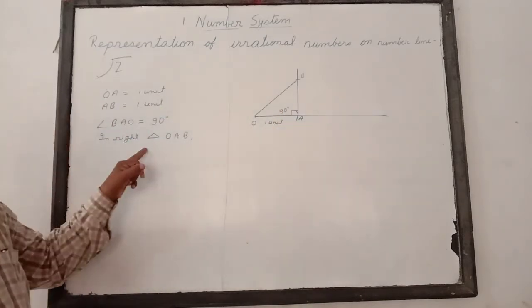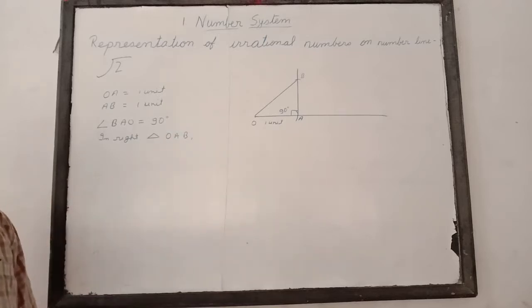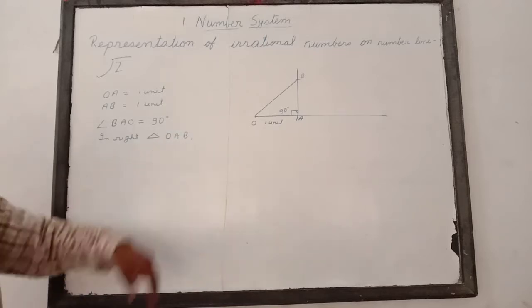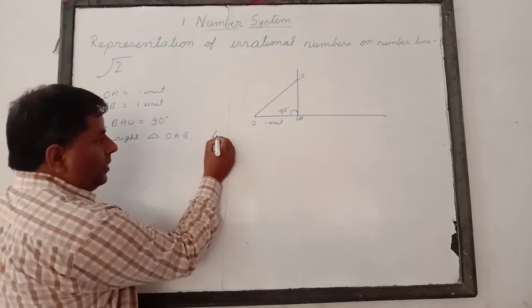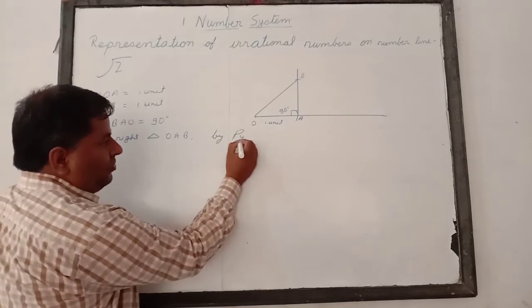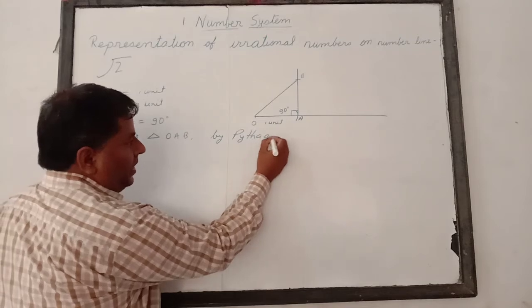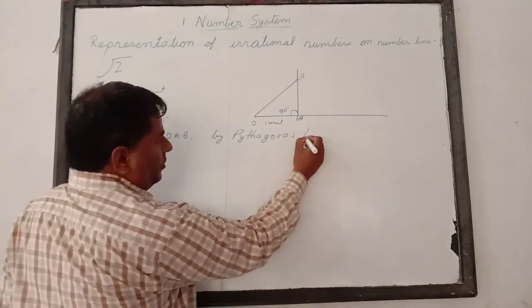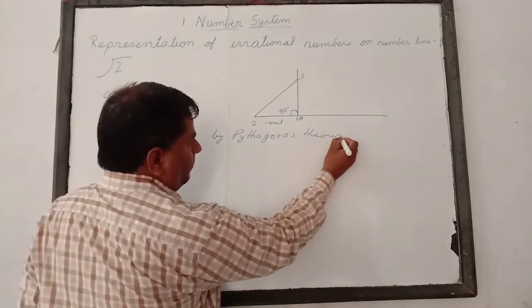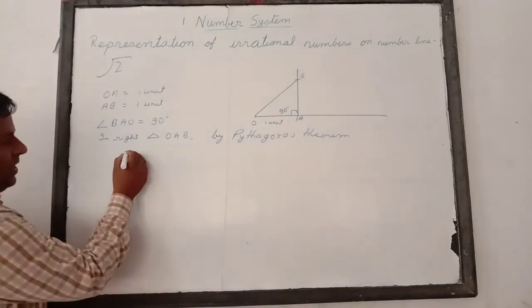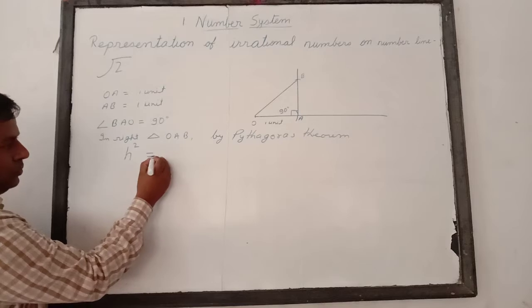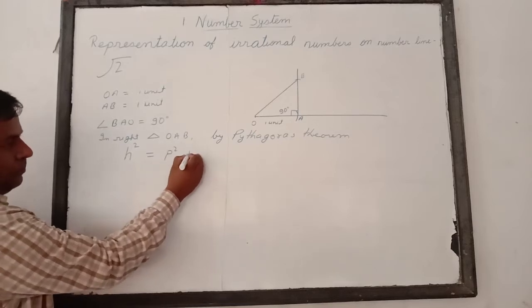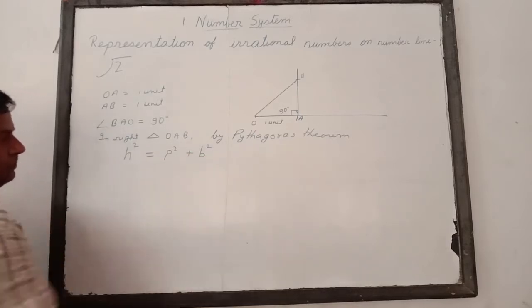So in right triangle AOB, by the Pythagoras theorem, we can say that hypotenuse square is equal to perpendicular square plus base square.